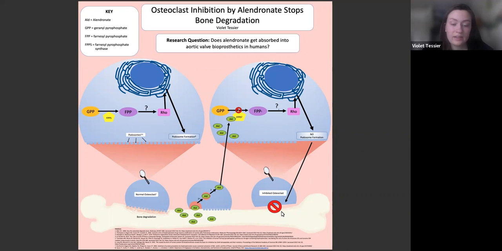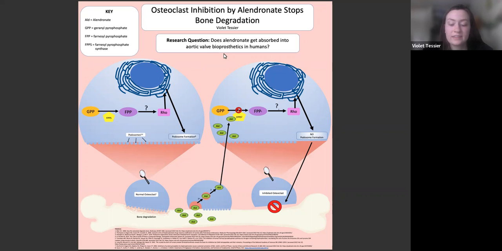We were also supposed to have a research question about a topic we chose. The one I chose was, does alendronate get absorbed into aortic valve bioprosthetics in humans? These aortic valve bioprosthetics are replacement valves in the heart using pig or cow aortic valves. They're put into people, and they often get calcified.